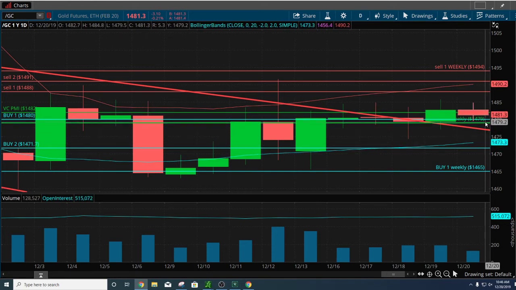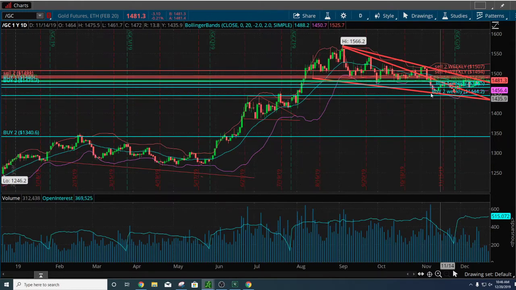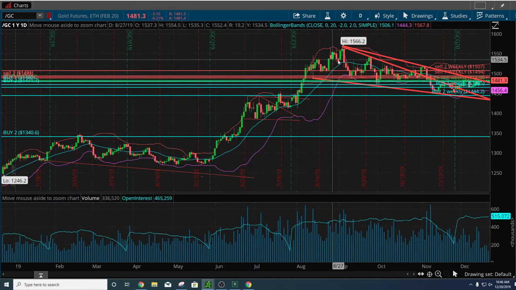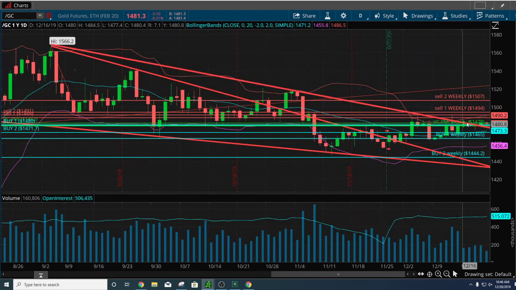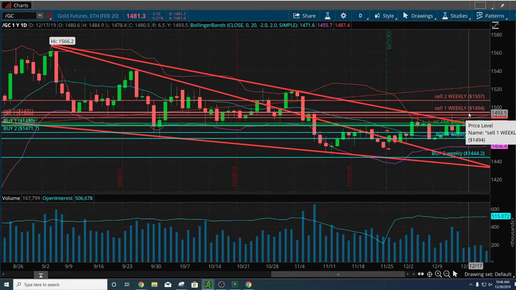If we focus on the weekly signal here, a close above 1479 today activates a bullish trend momentum as we come into next week, and activates the weekly targets of 1494 to 1507.